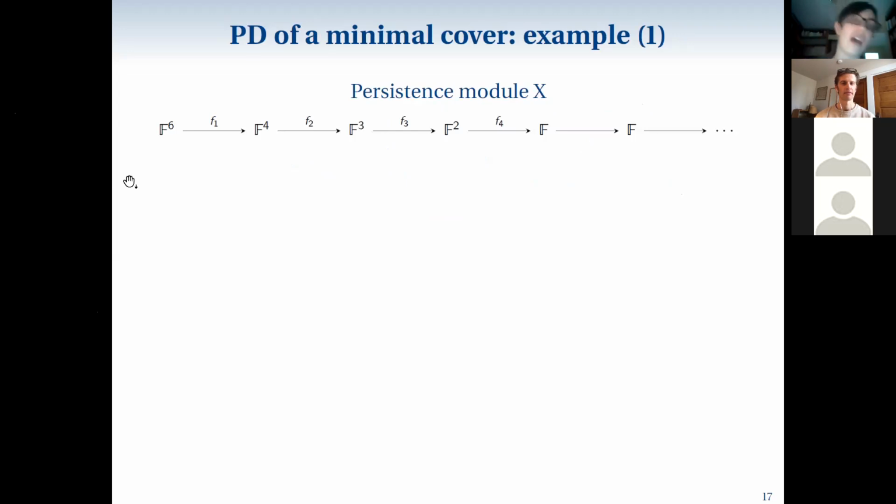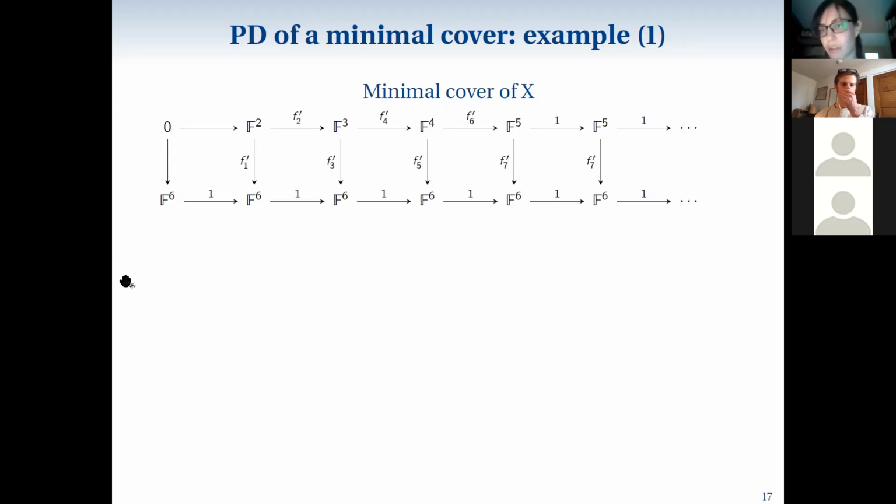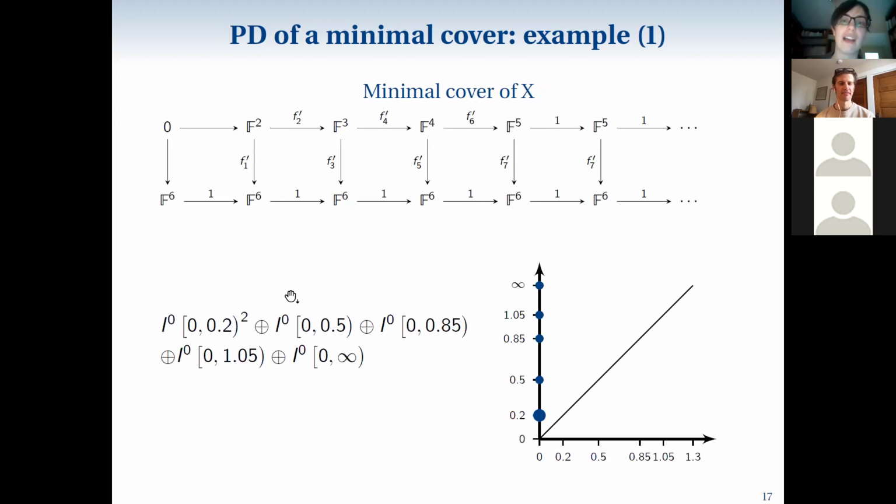I didn't want to put the matrices here because they are going to be big, but you can see immediately that this cannot be a monomorphism, so this is not a cofibrant object. But then we can construct the minimal cover of it, which is something like this for the appropriate maps, and then we can decompose it.